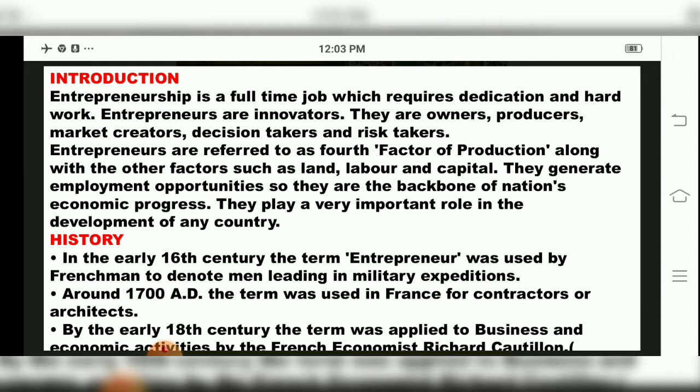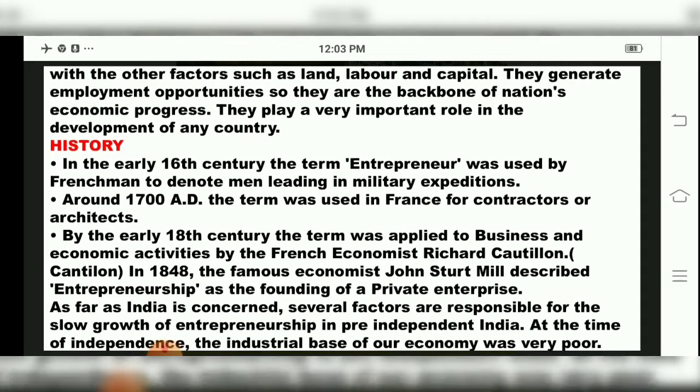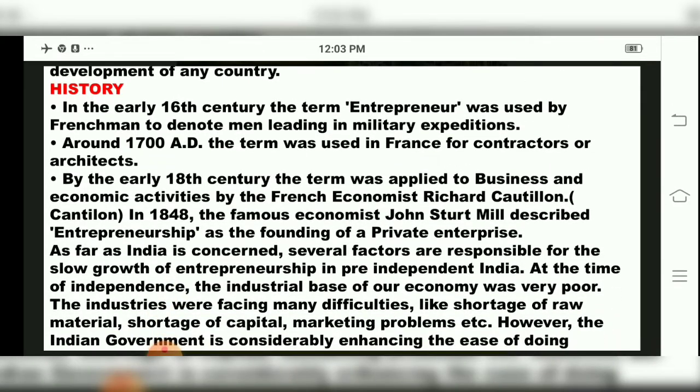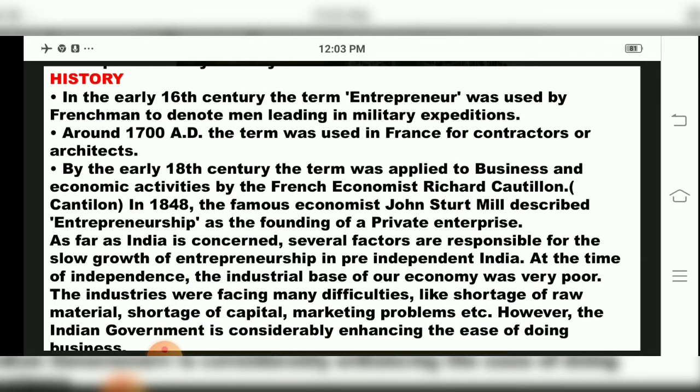By the early 18th century, the term was applied to business and economic activities by the French economist Richard Cantillon. And then in 1848, the famous economist John Stuart Mill described entrepreneurship, children, as the founding of a private enterprise.